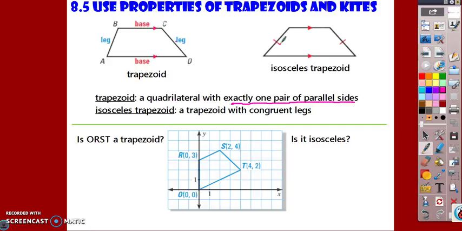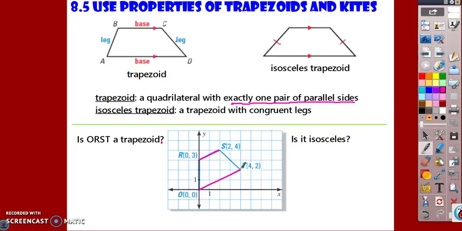Two of the legs are congruent. Alright, we have a little picture of a trapezoid down here. It looks like a trapezoid, but we'll find out if it is. First of all, I want to see if it's a trapezoid. That means it's got to have parallel sides. I think if anything's going to be parallel, it would be RS and OT. I'm not sure if they're quite parallel.